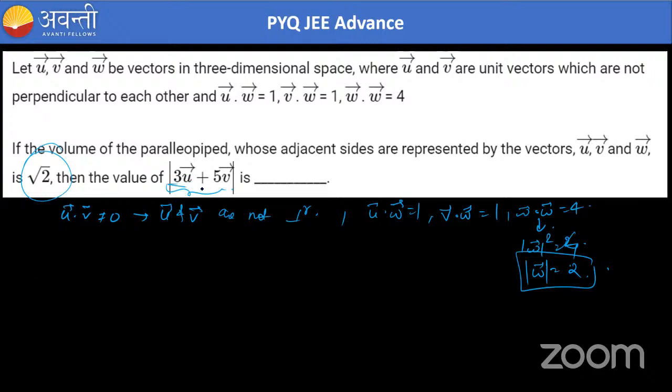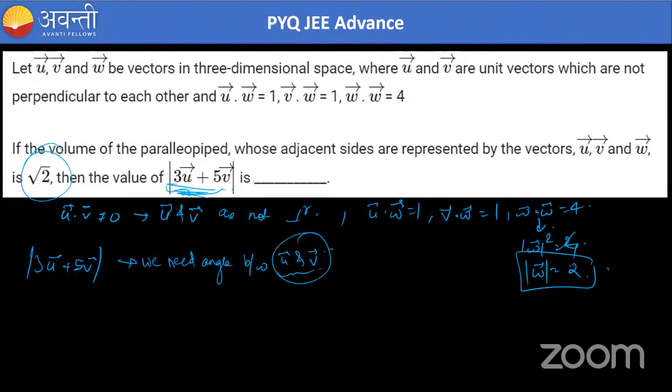So to find out mod of 3u bar plus 5v bar, we need the angle between u bar and v bar. So that will become easier. To find out the angle between u bar and v bar, the volume of the parallelepiped is given to us.